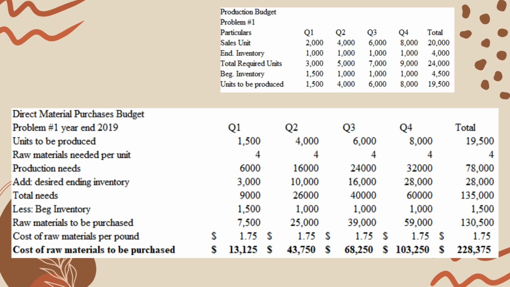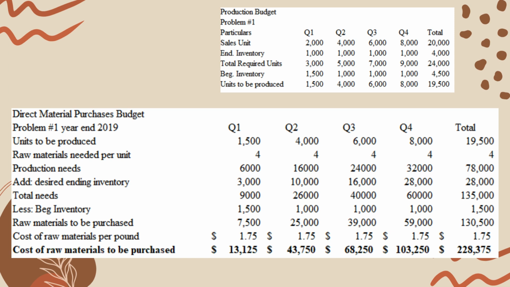Raw materials needed per unit is 4 pounds, which was given on the previous slide. To compute production needs, we multiply the units to be produced, 1,500 for quarter 1, by the raw materials needed per unit, 4 pounds. So 1,500 times 4 pounds is equal to 6,000.